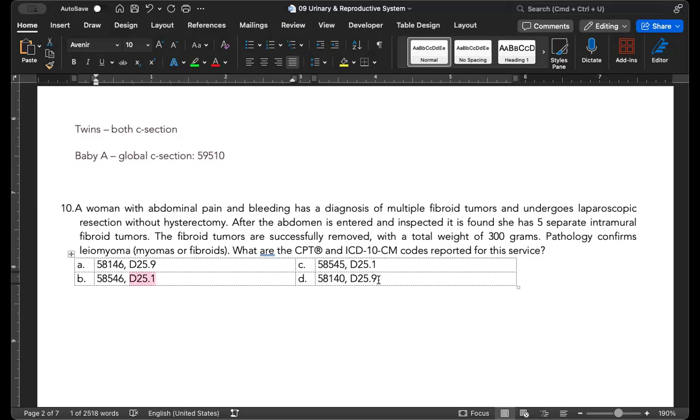Since they're close together, you can look at them at the same time. D25.1 is an intramural leiomyoma of the uterus, and D25.9 is a leiomyoma of the uterus, unspecified. So what do we think? Should it be D25.1 or D25.9?